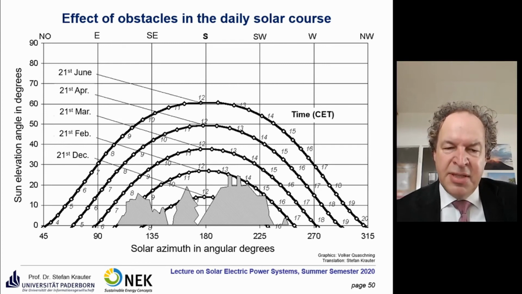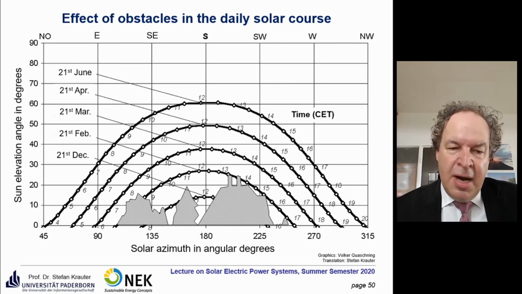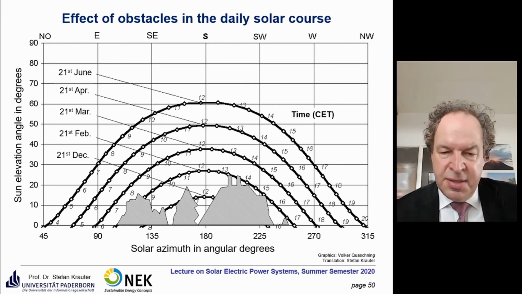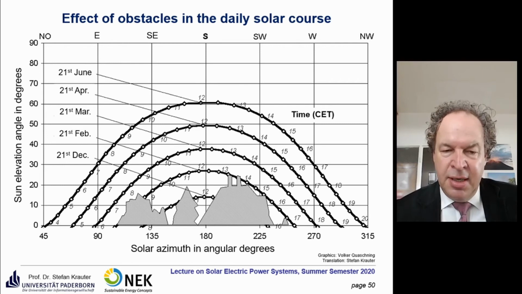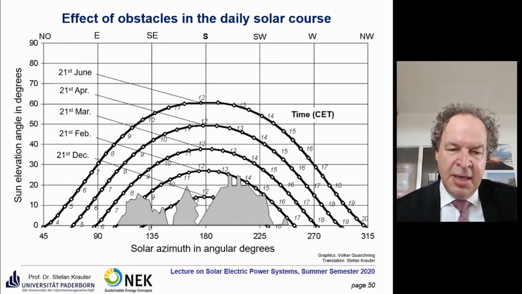But in winter, when we desperately need solar irradiance, especially if you go to 21st of December, our curve is about 80% covered during the day by these obstacles, and we receive only very little irradiance, and this translates into very little energy yield.